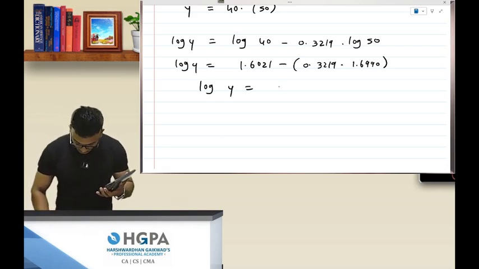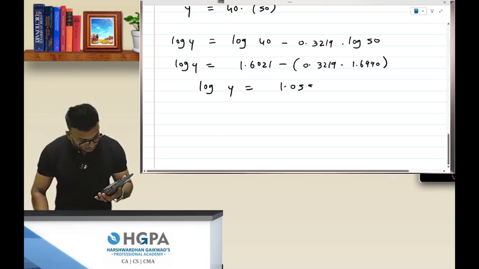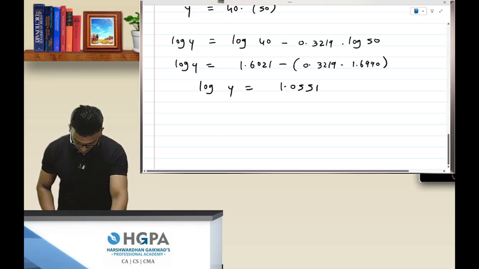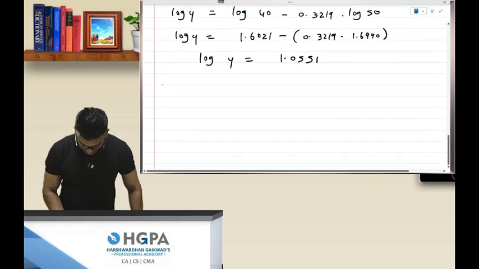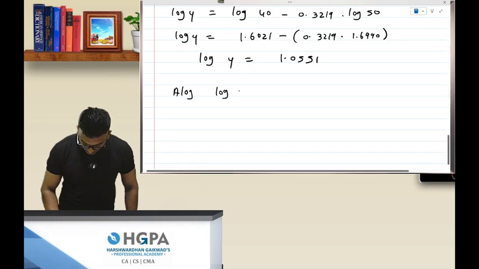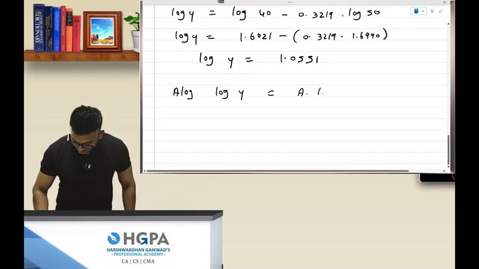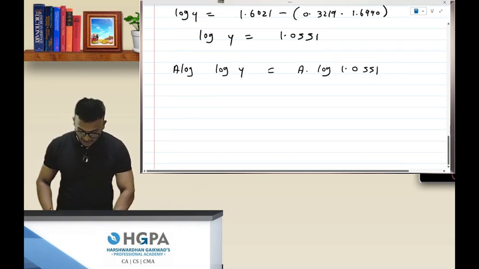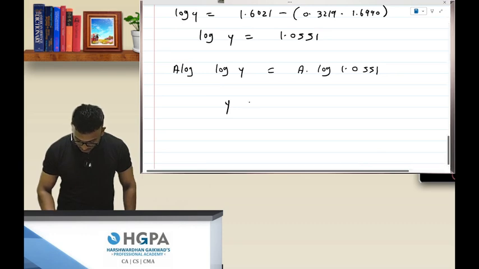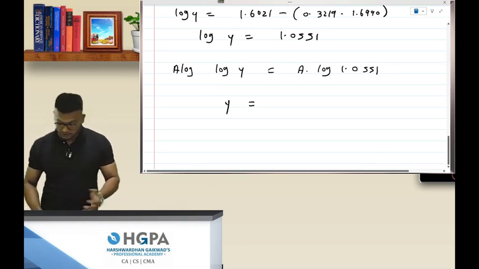It is coming to 1.0551. Now that's the main log y. Now you will take anti-log. Anti-log of log y is equal to anti-log of 1.0551.